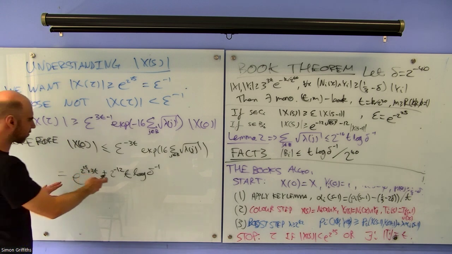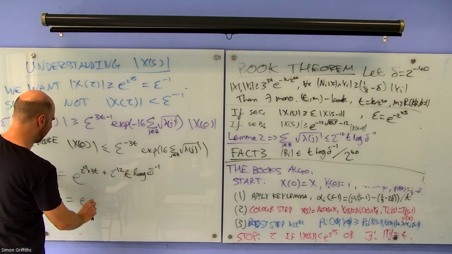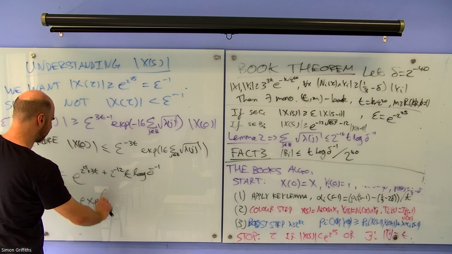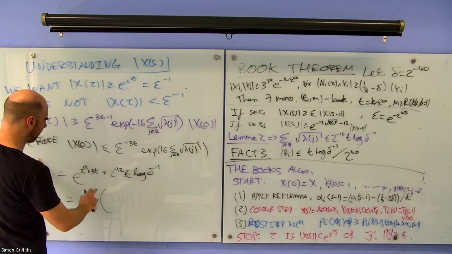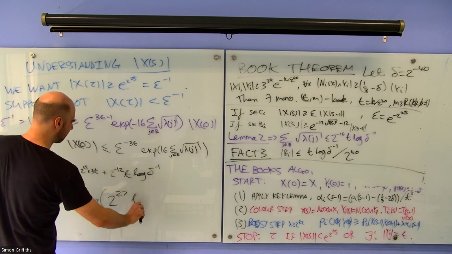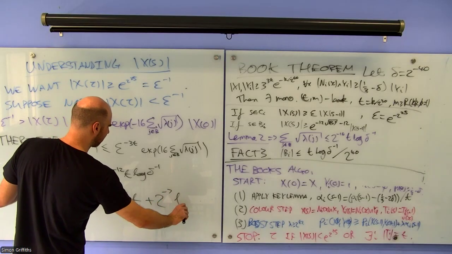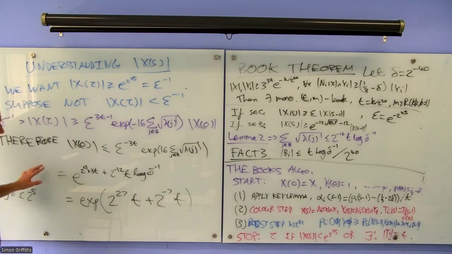It doesn't really matter because this term is kind of going to be negligible. Because you can see what we have here. It's easier if I write x. This term is at most 2 to the 27 times t. And this term is like 2 to the minus 7 times t. As I said, the boost terms in this case are really not using up very much.